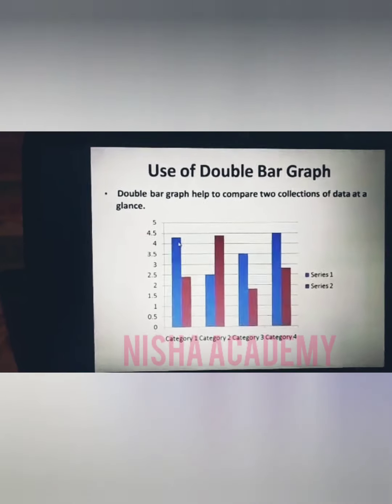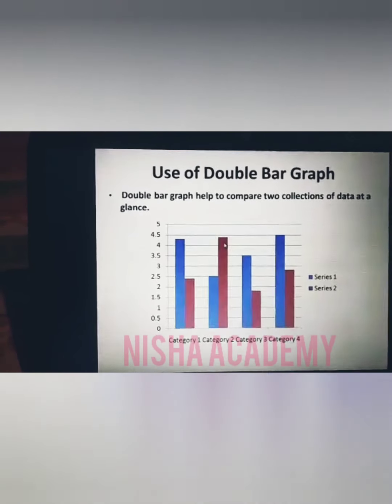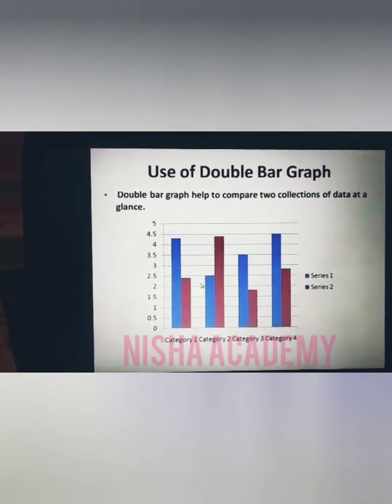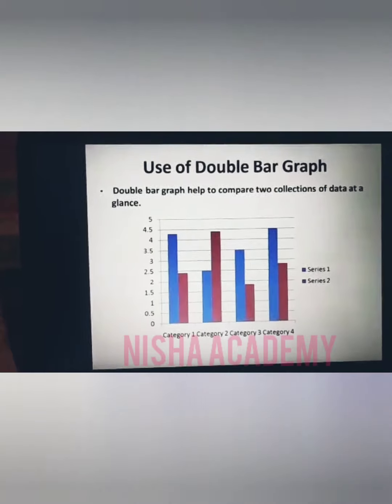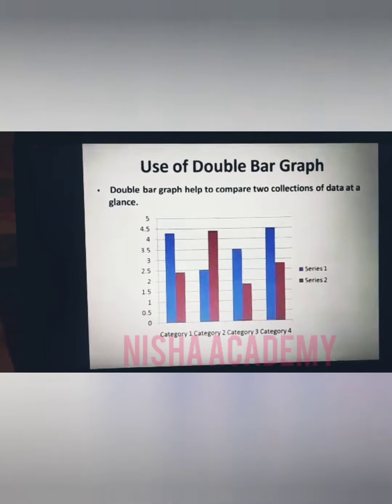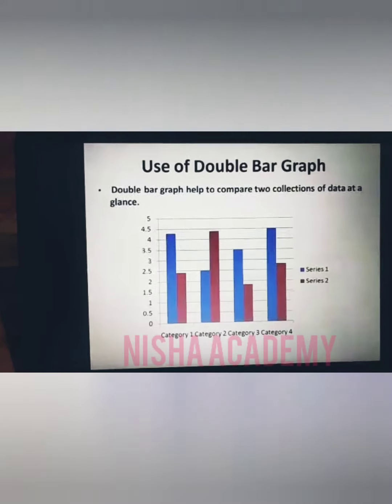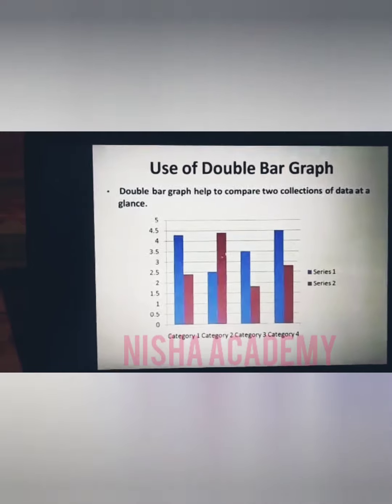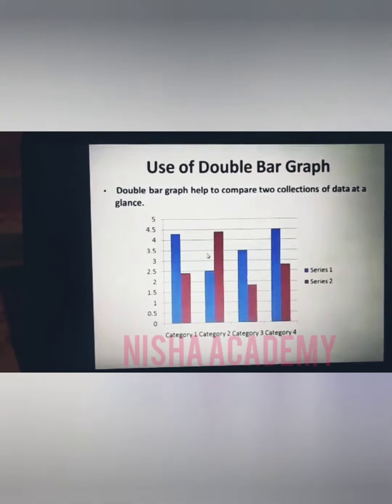You can see here it is decreasing, here it is increasing. So this will be very clear. If you see the table form, it becomes a little time consuming. While if you show it in the form of a double bar graph, it saves your time and effort, because this becomes very easy to understand.